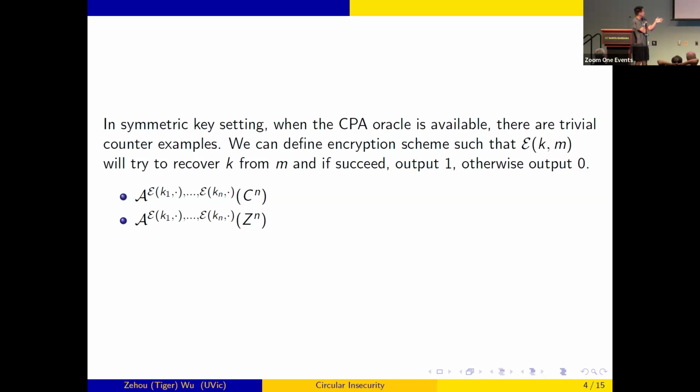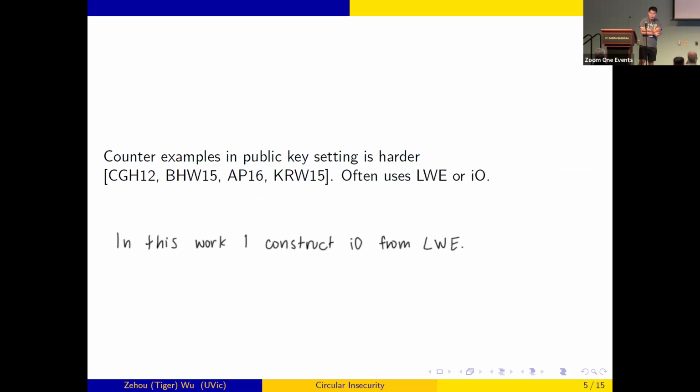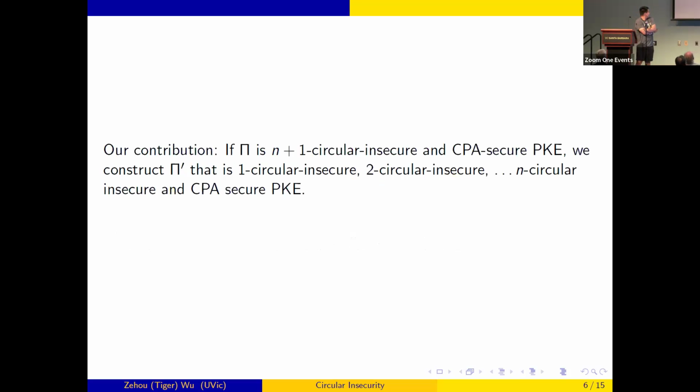It will always succeed with an encryption cycle, and it will be unable to do that with an encryption of zeros. But finding a counterexample in the public key setting is harder, and often uses LWE and IO, which stands for indistinguishability obfuscation.